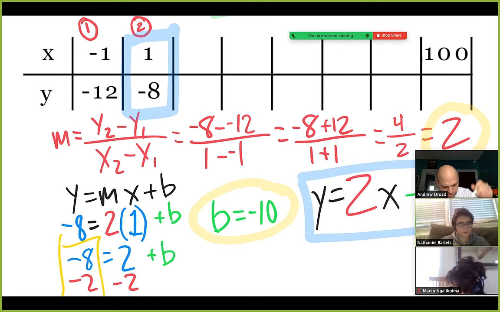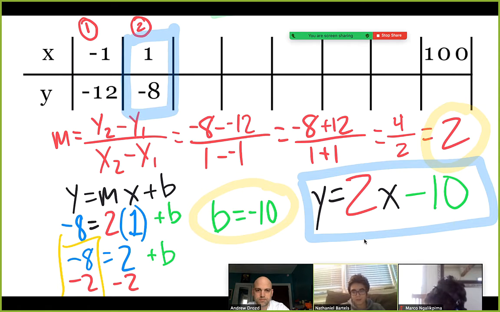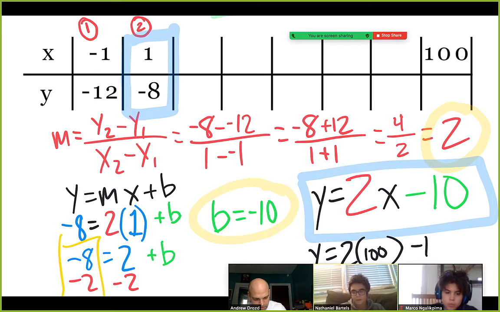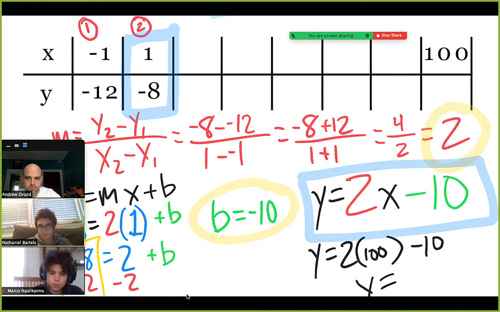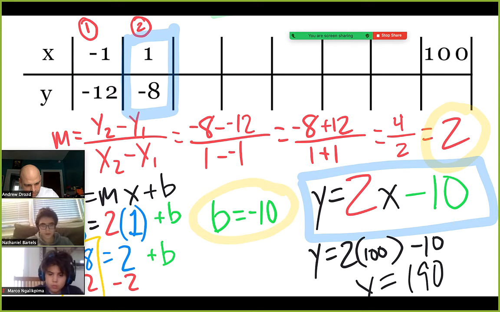All right, and so what is y when x is 100? Well, first we have to do y equals and then put in 100 and subtract 10. Yeah, we're going to substitute in 100. And so then y equals what? 190. Nice job.